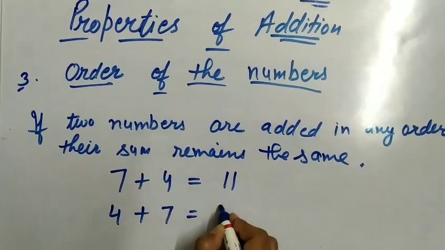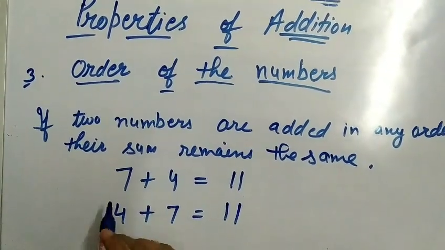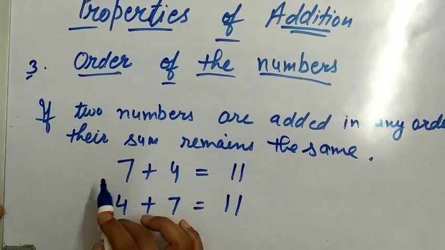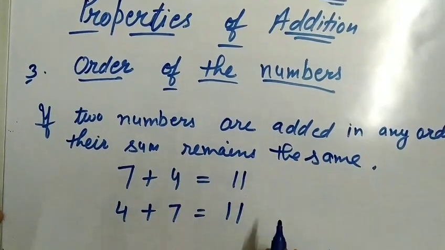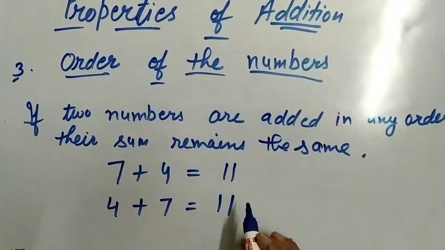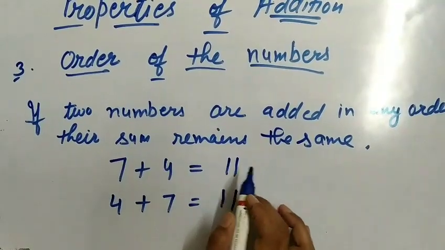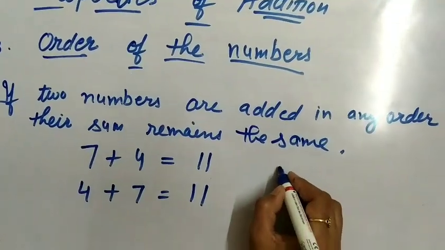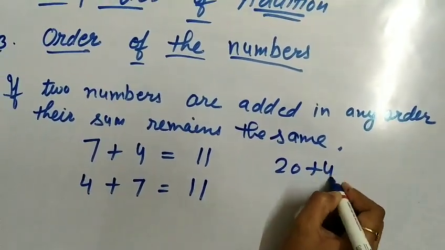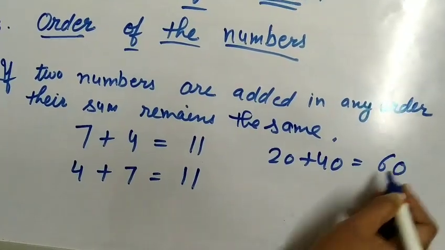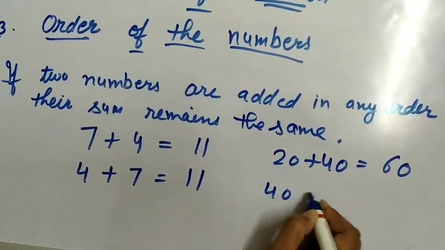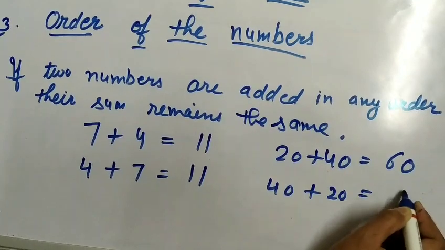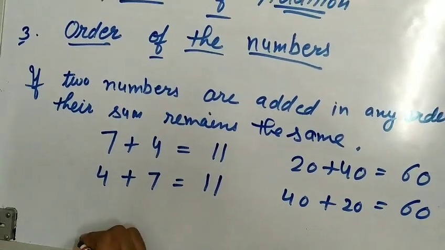You will get the same answer. It means when we add two numbers in any order, their sum remains the same. Suppose 20 plus 40, you will get 60. Then 40 plus 20, you will get the same number, 60.